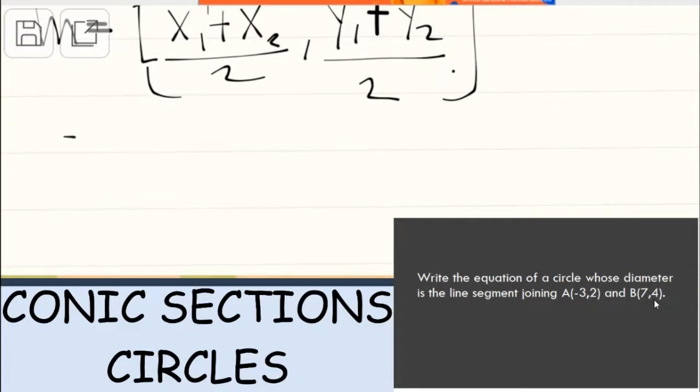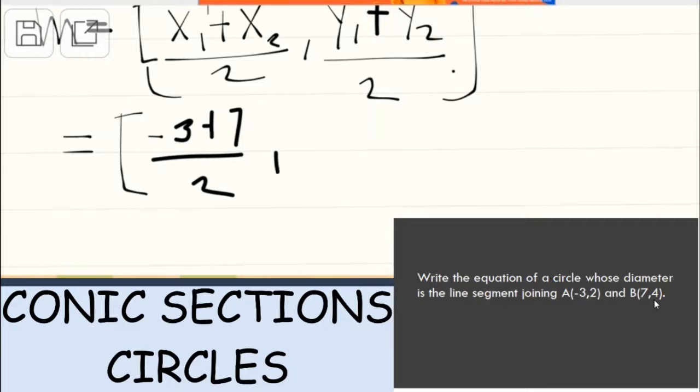So, let's say equals, x sub 1 is negative 3 and x sub 2 is 7, over 2. Then comma.